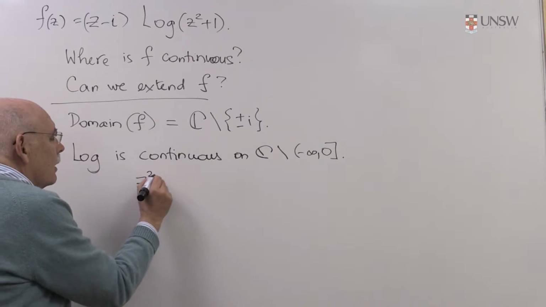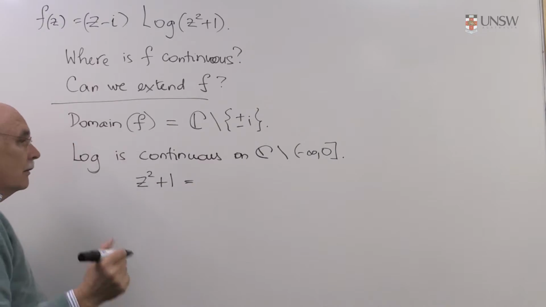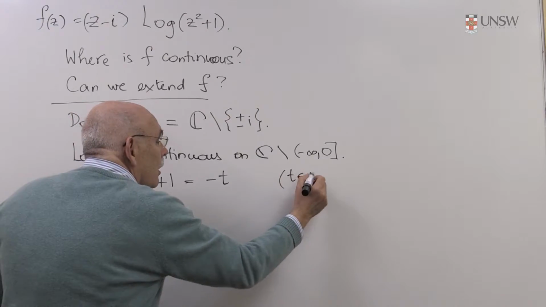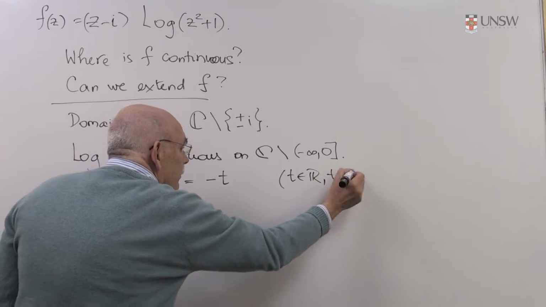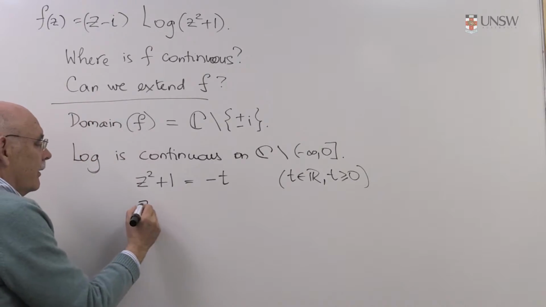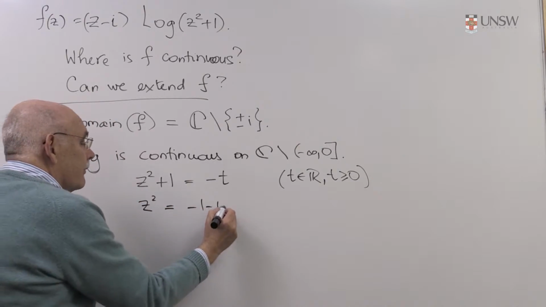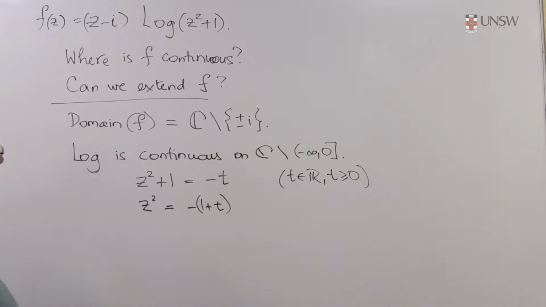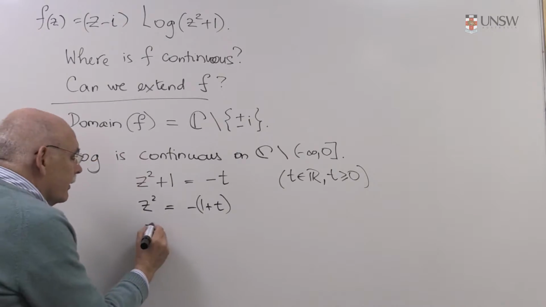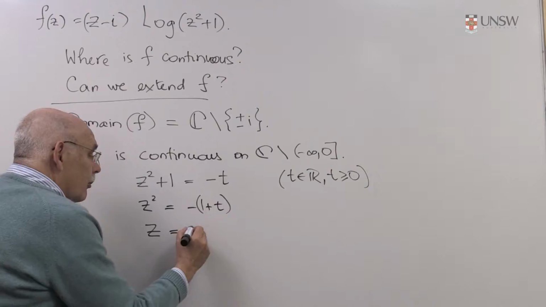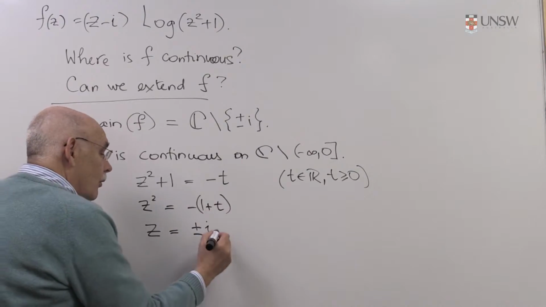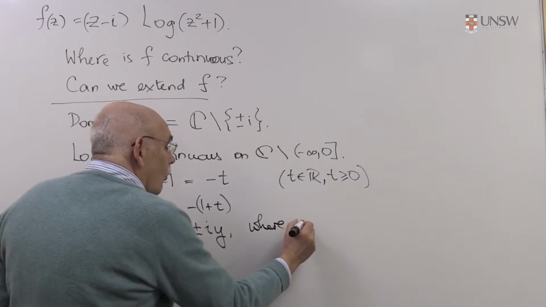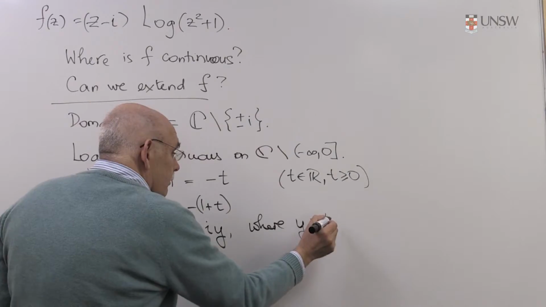So z² + 1 equal to, let's say, −t, where t is a real number greater than or equal to 0, means that z² is equal to −1 − t. So here I have a real number that's less than or equal to −1. z² is that. That says that z is equal to i times y, where y is greater than or equal to 1.